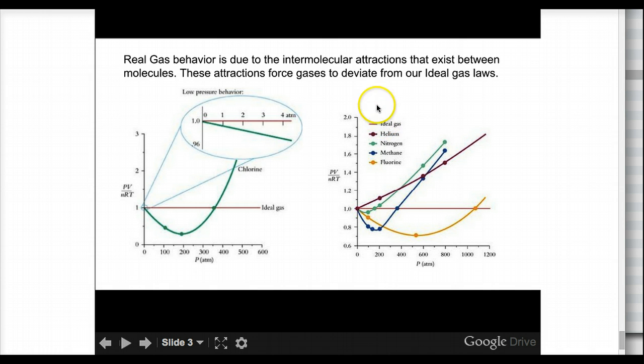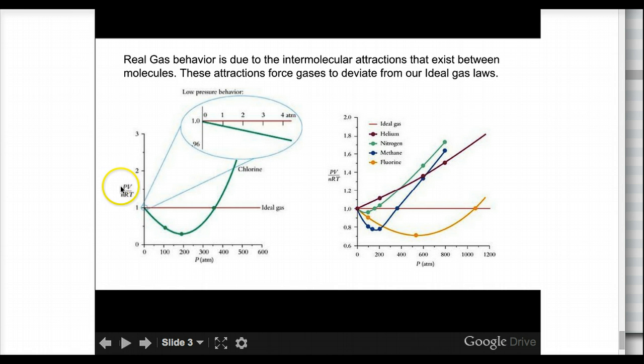Although this lecture is not about those deviations, I have to talk about them because I'm talking about the attractive forces between the gases. These are some very famous lines here, but if you notice, PV over nRT would have to be the same for all gases.